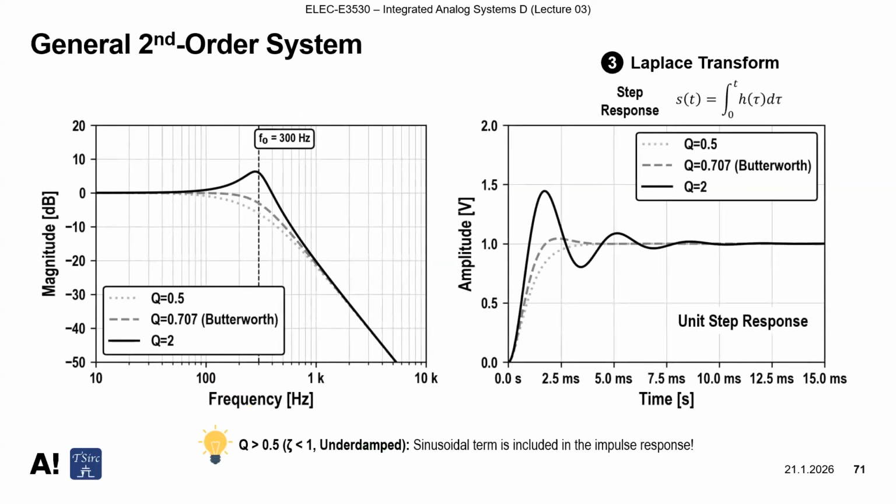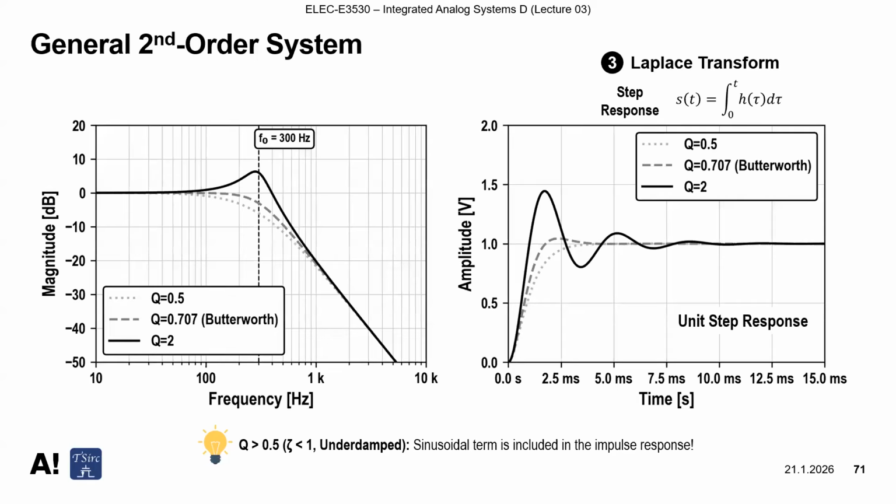So now we can better understand what is happening here. Because we have a sinusoidal term in our impulse response, when we take the step response, which is defined by the integral of the impulse response, then for the Q factor larger than 0.5, we have some leaning condition right here in the transient simulation.